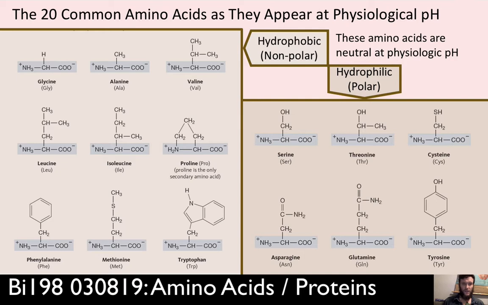Tryptophan is the starting material for neurotransmitters in the brain, such as serotonin and melatonin. Serotonin is sort of the happiness neurotransmitter, or melatonin is a neurotransmitter that regulates your circadian or sleep cycle, et cetera, et cetera.